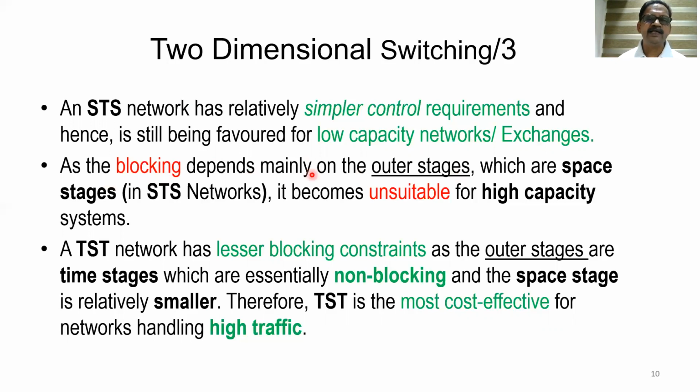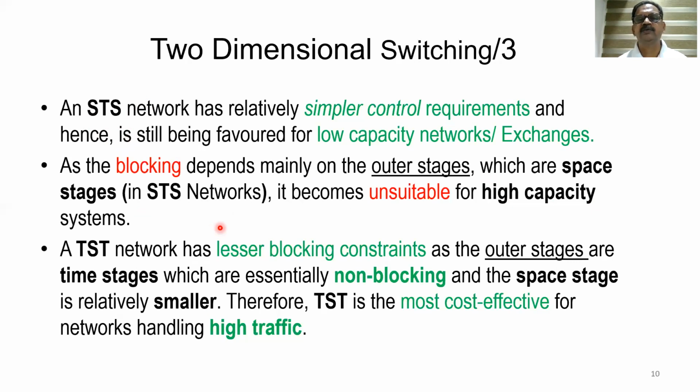As the blocking depends mainly on the outer stages, which are space stages in STS networks, it becomes unsuitable for high capacity systems. So why this STS is not suitable for high capacity systems is given here. Blocking depends mainly on the outer stages. So the outer stages in STS are space stages, with the time stage in between.